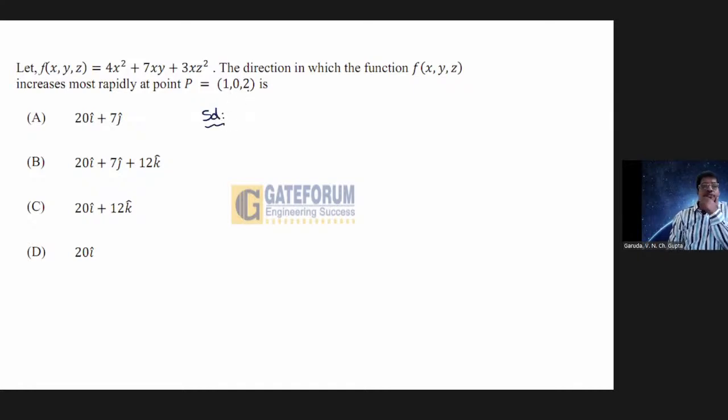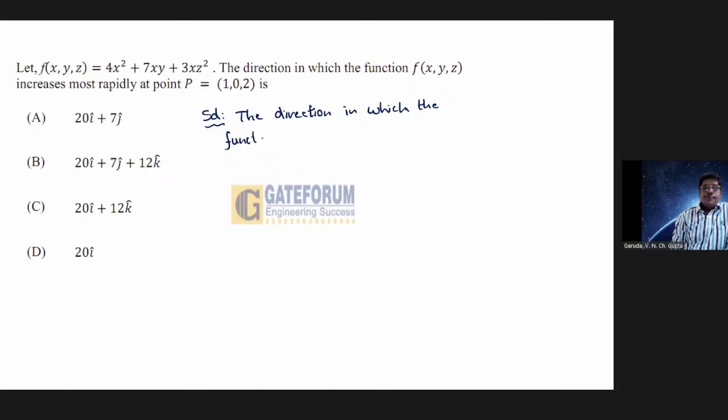So the direction in which the function increases most rapidly means the normal direction, the normal direction to the given scalar function. Okay. This is related to directional derivative, gradient, directional derivative related problems.